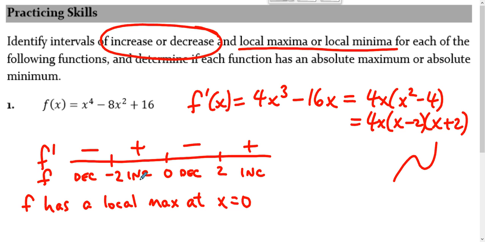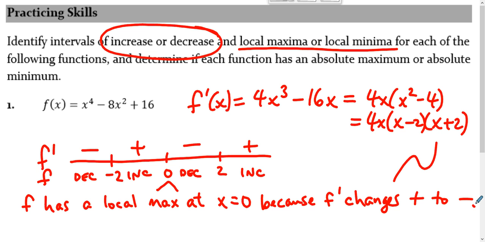Why? F changes from increasing to decreasing. That's a max. We don't write information about f, we write information about f prime. F prime changes from positive to negative.